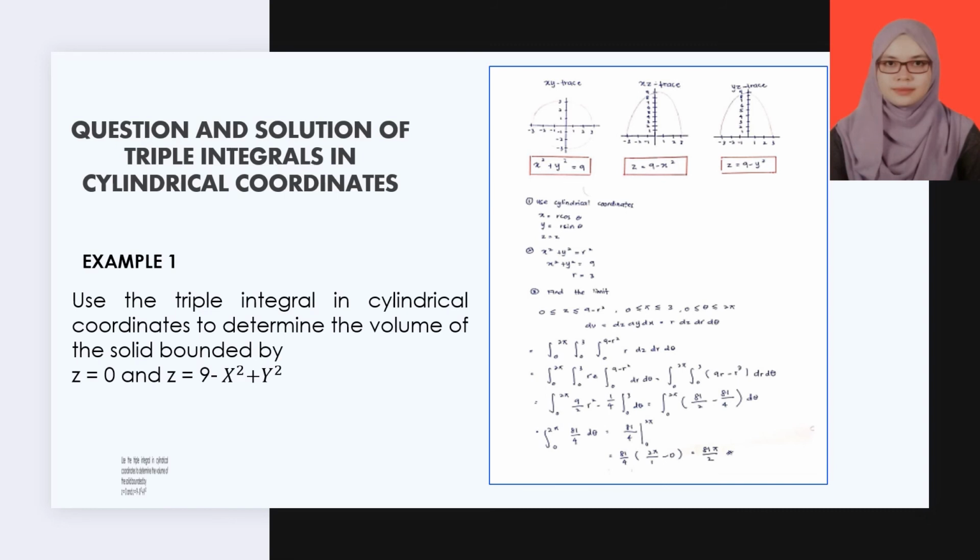So just substitute 2 pi: 81 over 4 multiplied by 2 pi minus 0. So we get 81 pi over 2.